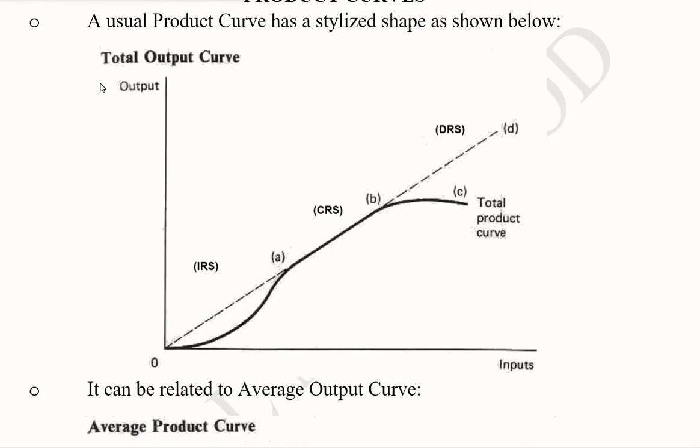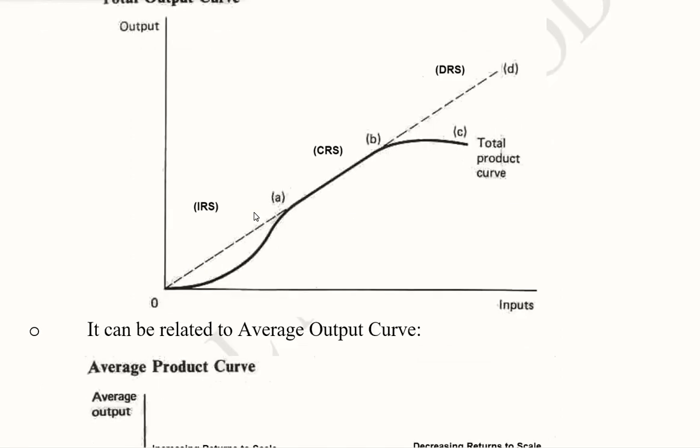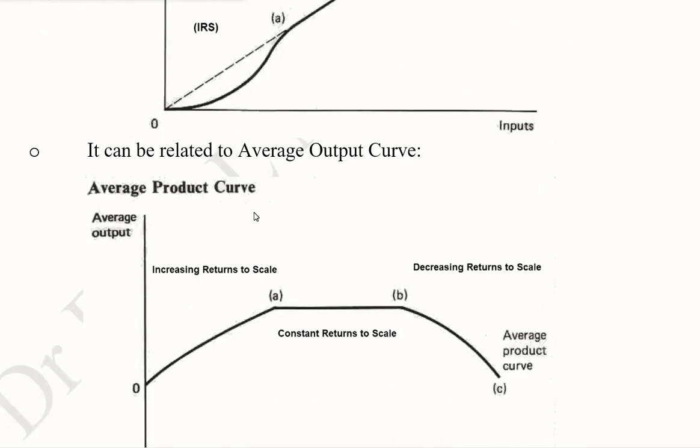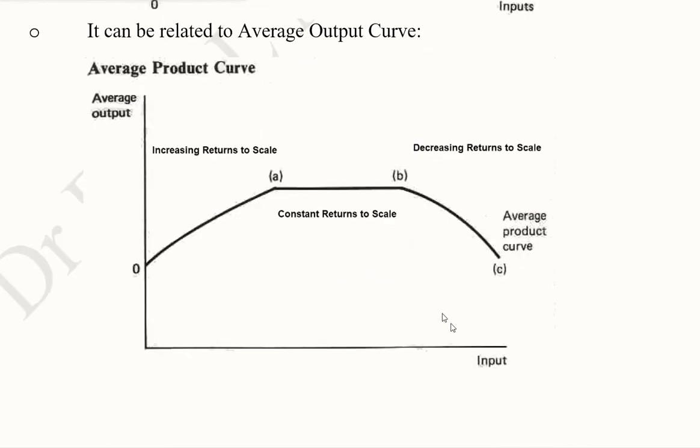This is the product curve that is related to that set of isoquants that we made there. Here we have the total product curve trying to signify the same thing, that is returns to scale, but not with the isoquants, rather with the total product curve. This can be translated into the average product curve as well.